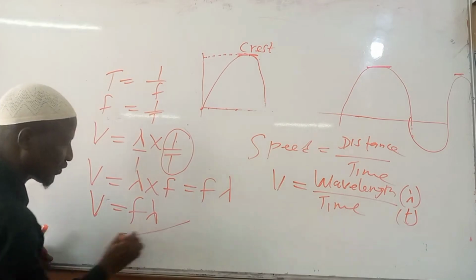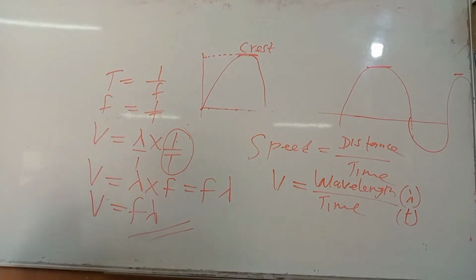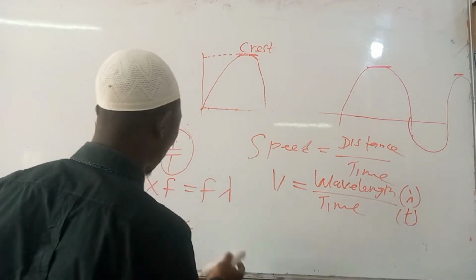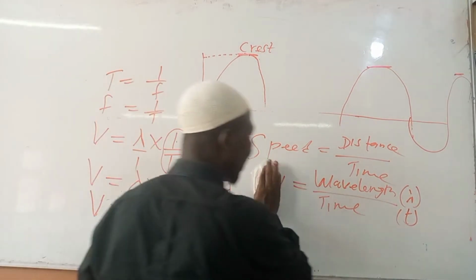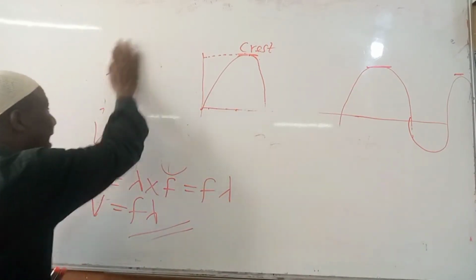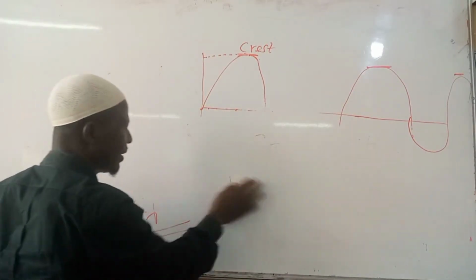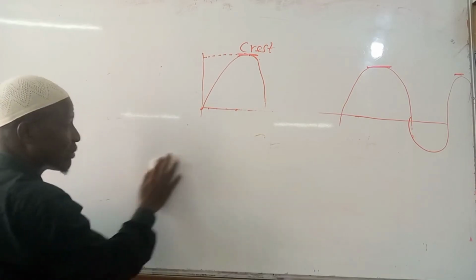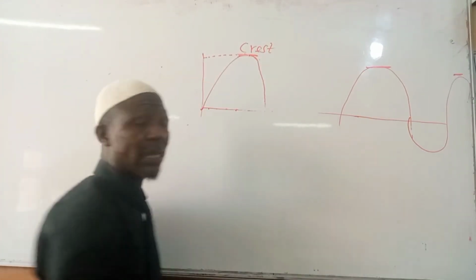Take note of this formula. We still make use of it when we get to the equation of progressive wave. So we still have other terms like phase. Two particles are said to be in phase when they have the same displacement along the same direction.